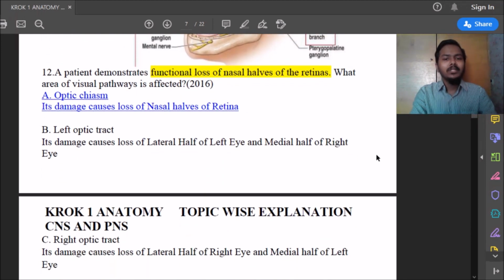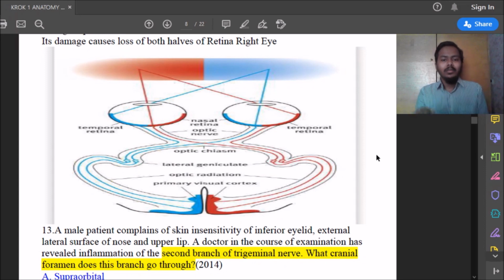A patient demonstrates function loss of the nasal half of the retina. What area of the visual pathways is affected? Nasal half of the retina means there will be loss of vision on the nasal side. So what will be damaged? In the optic chiasm there is a crossing of fibers.